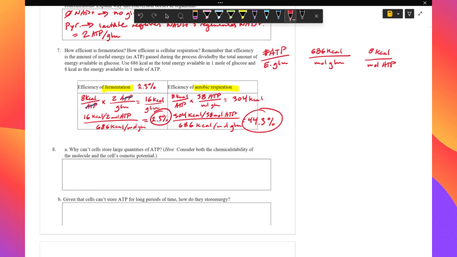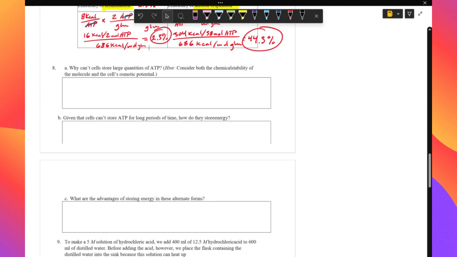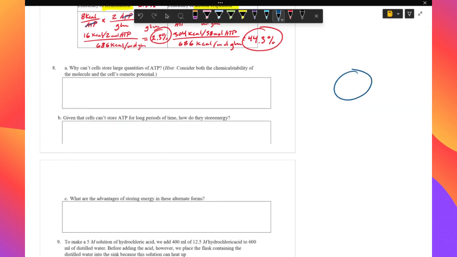All right, why can't cells store large quantities of ATP? As a hint, consider both the chemical stability of the molecule and the cell's osmotic potential. So remembering osmotic potential, if we have our cell in a solution, and there is a higher concentration of solute outside of the cell, then water will move from the area of low concentration to the area of high concentration.